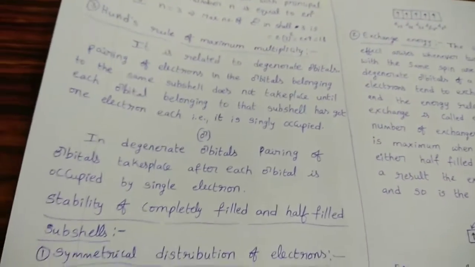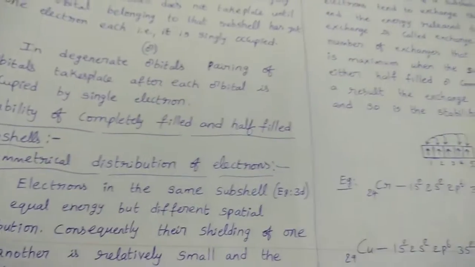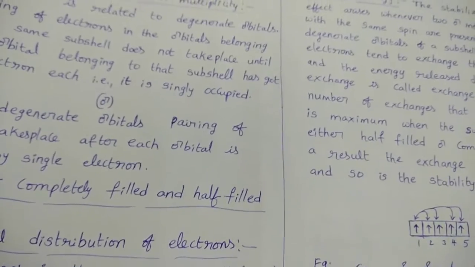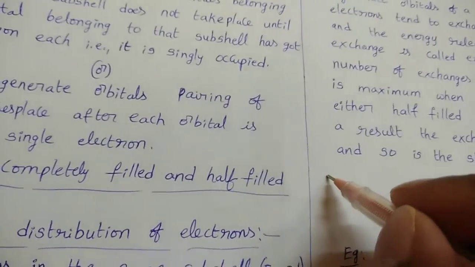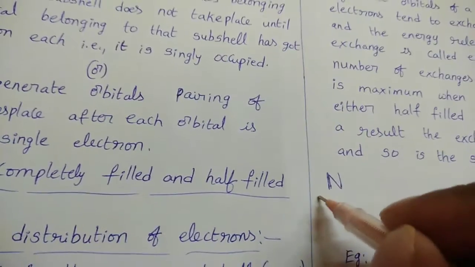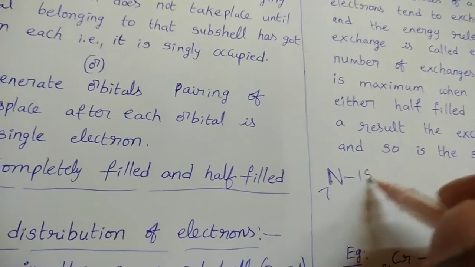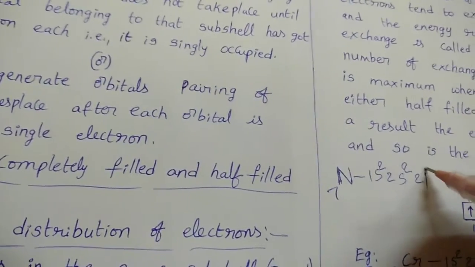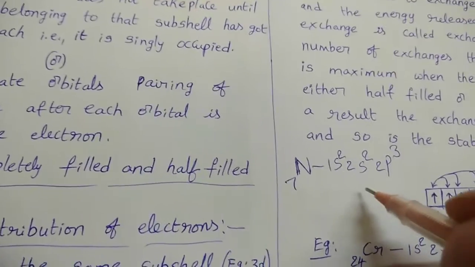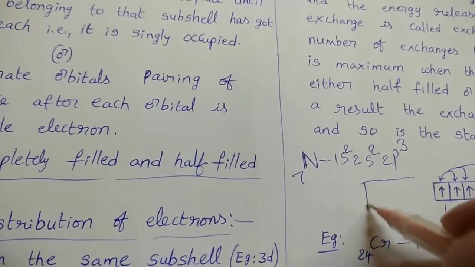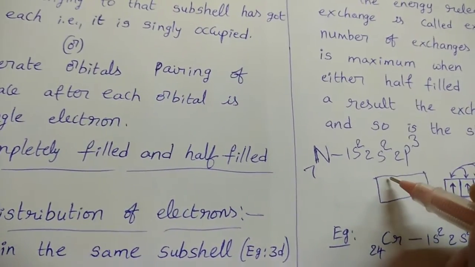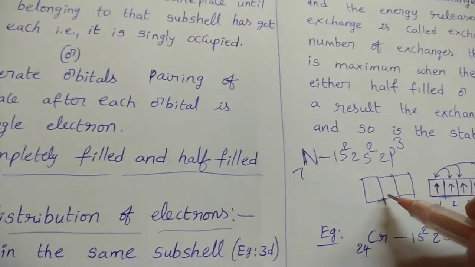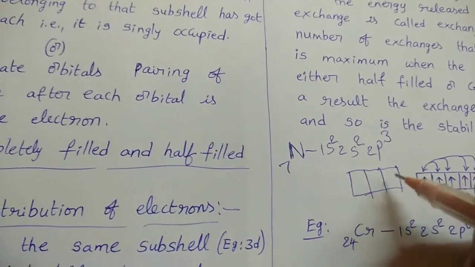Take an example, we can understand very easily. Suppose we take nitrogen, atomic number 7. 1s2, 2s2, 2p3. In the 2p subshell, how many orbitals are there? 3 orbitals: 2px, 2py, 2pz.